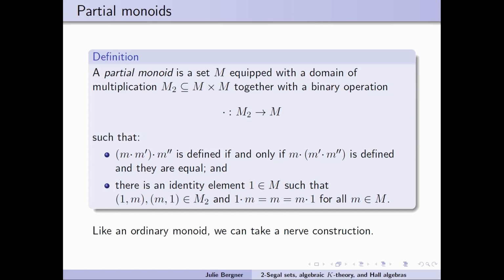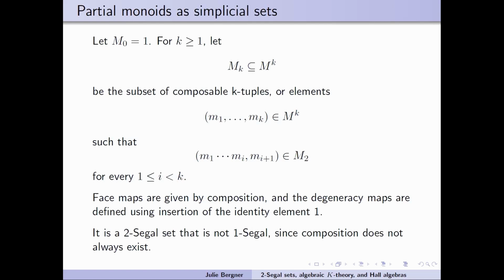Okay. So like an ordinary monoid, we can associate to this a simplicial set for a nerve-type construction. In this case, it's a little easier to just describe it manually. So we're going to construct a simplicial set. We're going to let M0 just be a 1-point set. It's just the identity element.